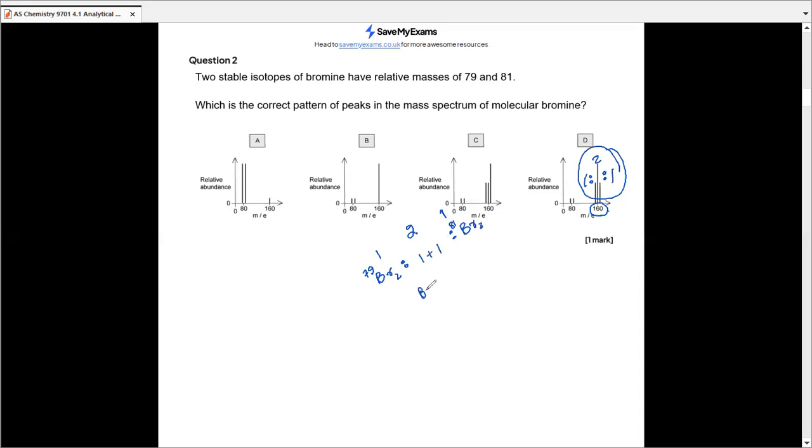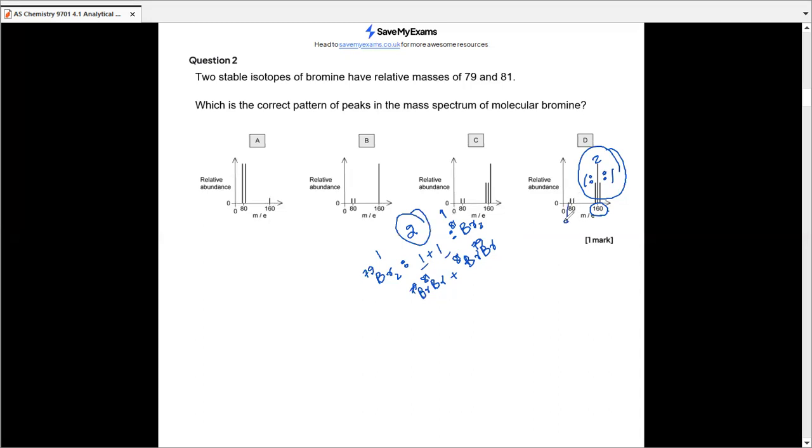One chance is that one bromine is made out of 79 and one bromine is made out of 81. And again, the opposite configuration. The first one is made out of 81 and the second one is made out of 79. In both cases, the answer turns out to be 160. So 1 plus 1, double height.